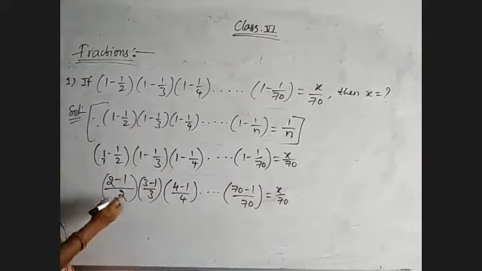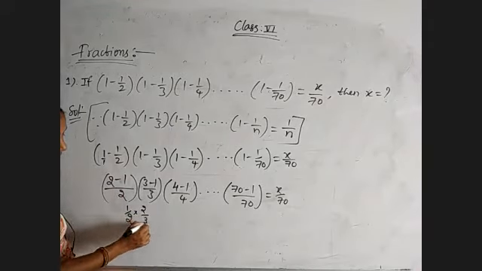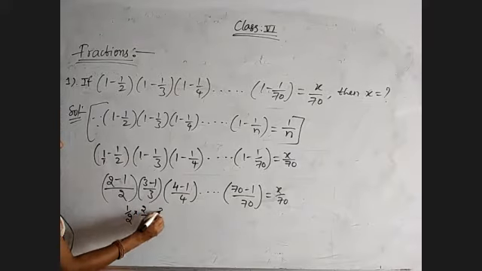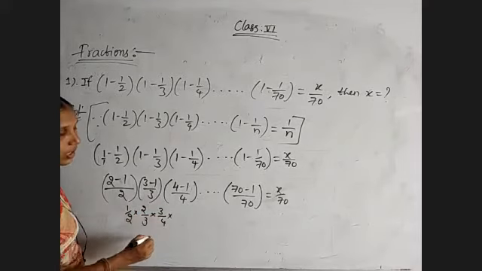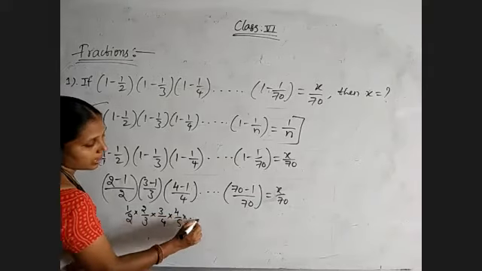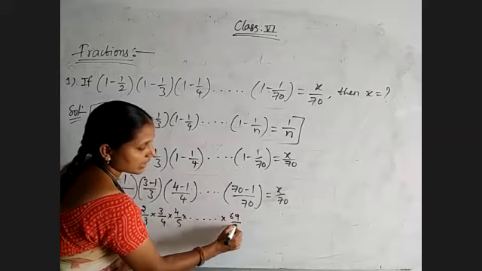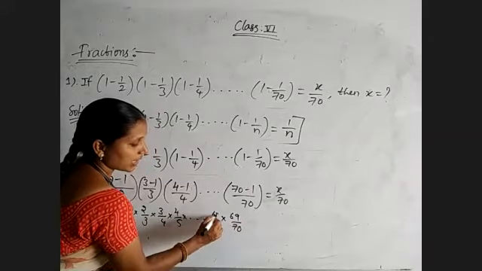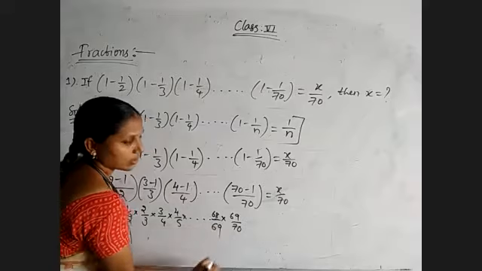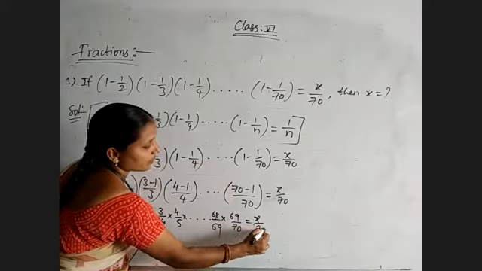Then 2 minus 1 is 1 by 2, into 3 minus 1 is 2 by 3, into 4 minus 1 is 3, 3 by 4, into next step we will get 4 by 5, like that. So till we get 70 minus 1, 69 by 70, meaning in the previous value we will get 68 by 69, which is equal to x by 70.